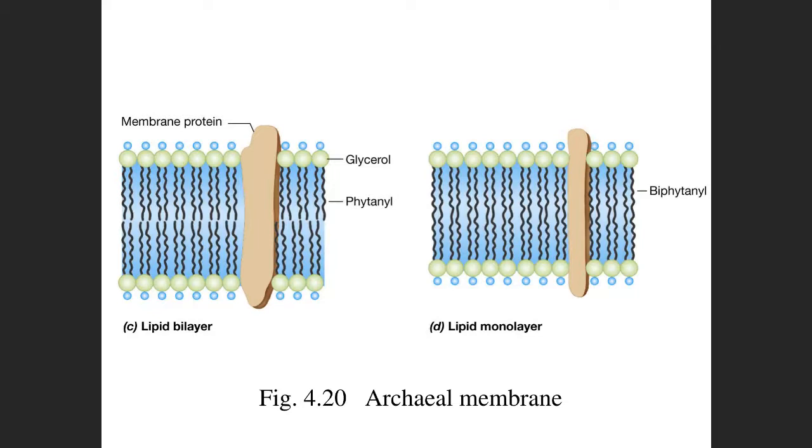But for now, I'd like to highlight a difference between these 2 membranes. Can you see the difference between the 2? Look at here. And so the bacteria has a lipid bilayer, and Archaea, this is Archaea, has a lipid monolayer, 1 layer.